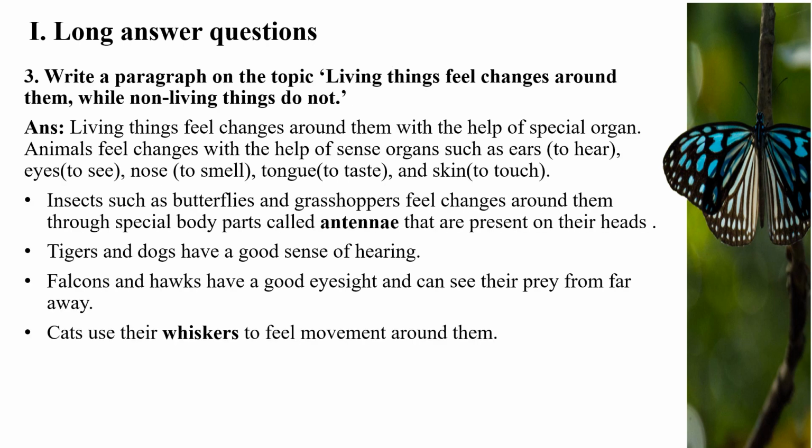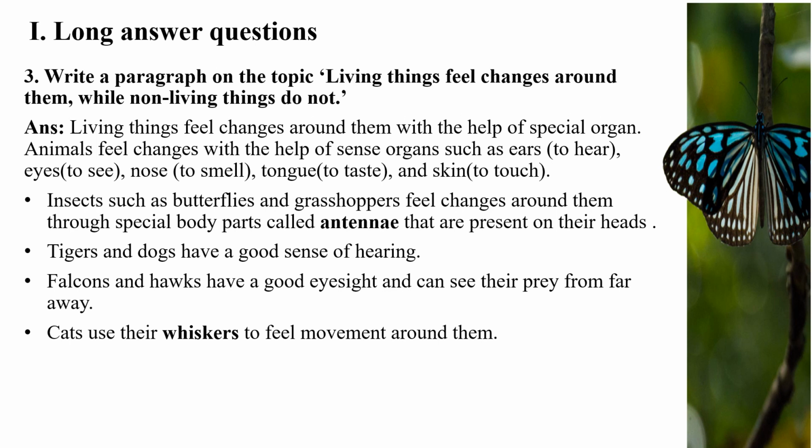Third question, write a paragraph on the topic living things feel changes around them, while non-living things do not. Answer, living things feel changes around them with the help of special organs. Animals feel changes with the help of sense organs such as ears to hear, eyes to see, nose to smell, tongue to taste, and skin to touch.